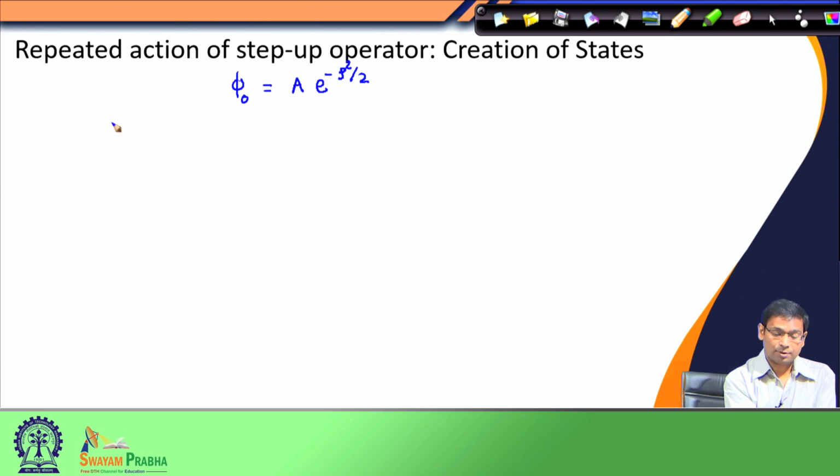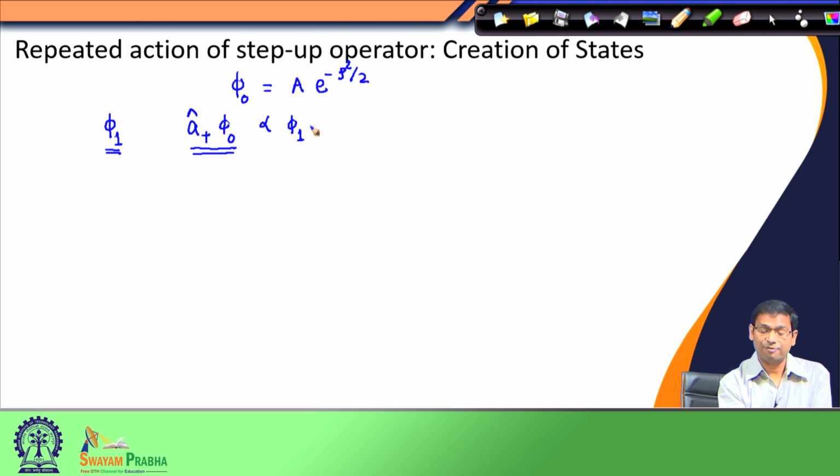We know that, but we still do not know what phi 1 is. To obtain phi 1, what we will do is apply this step up operator a plus on phi 0, and this we know is proportional to phi 1. When a plus, the step up operator, acts on the phi 0 function, it gives me phi 1.